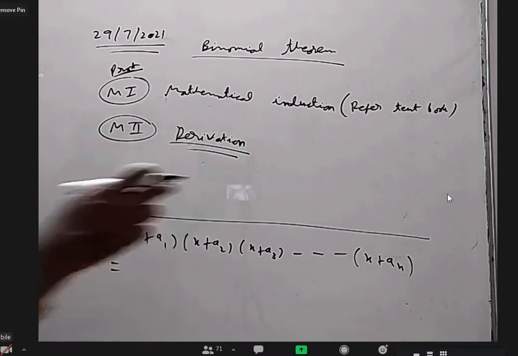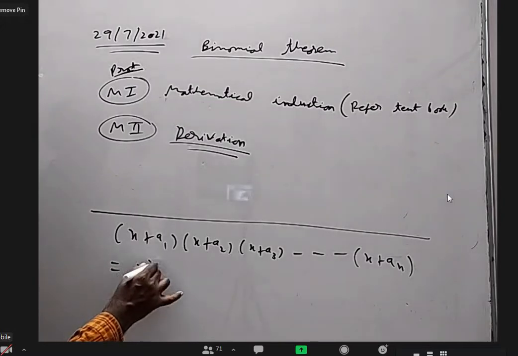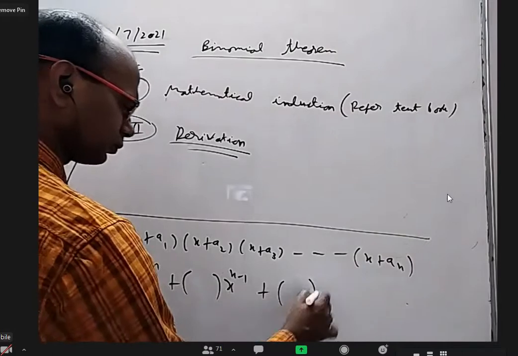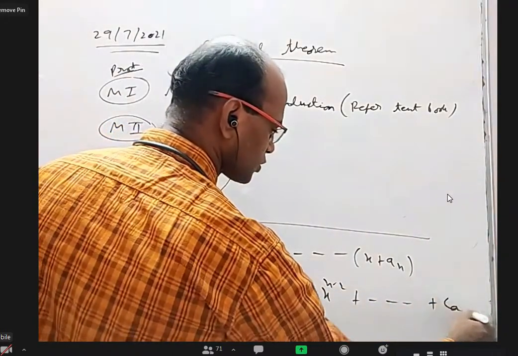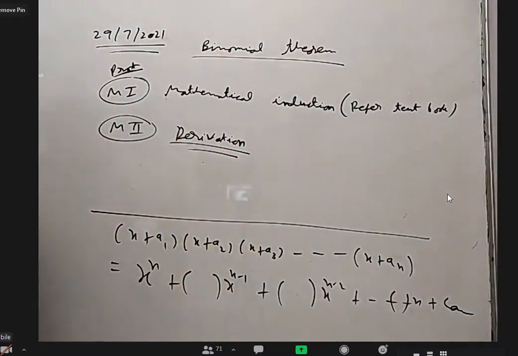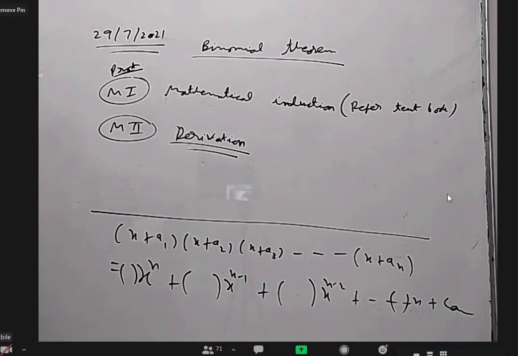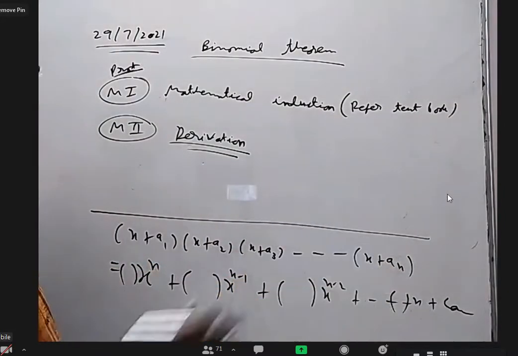When you multiply all these n brackets and expand fully, the highest power is n only. So you'll definitely have x to the power n, something into x to the power n minus 1, something into x to the power n minus 2, and finally a constant, with some x coefficient and so on. For x to the power n, what will the coefficient be? 1. Only 1, because you multiply x into x into x, all the x's only.